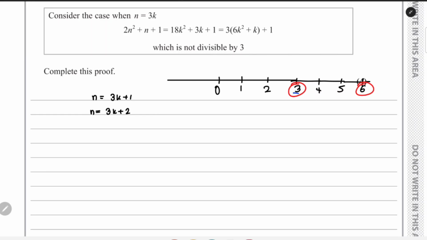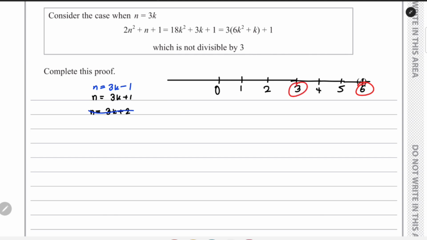So if we take k equals to 1, 3k plus 1 is 4, 3k plus 2 is 5. Instead of that, we can also write 3k minus 1 and 3k plus 1 and omit 3k plus 2. From here, we can get the same two values.